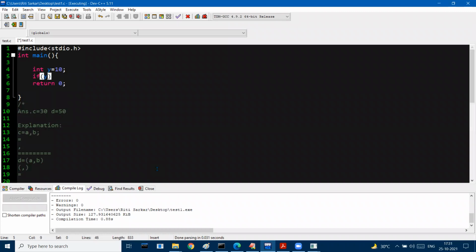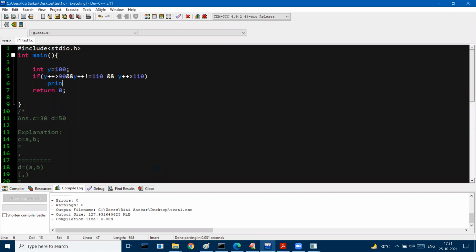If y plus plus greater than 90, and then y plus plus not equal to 110, and then y plus plus greater than 110. Here I'm having printf %d y. It's almost very similar to the last day example.